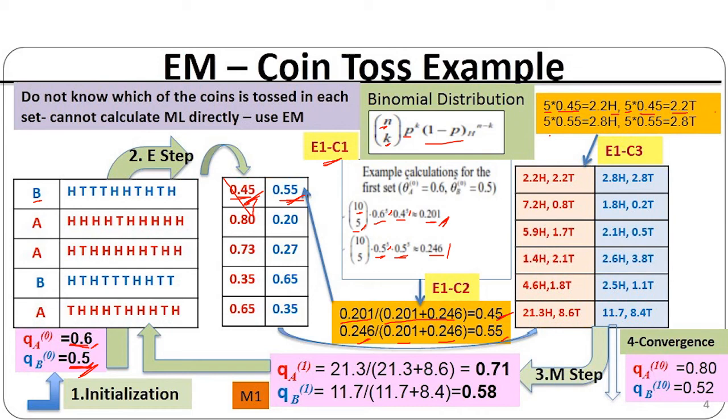If you multiply 5 times 0.55, for being a head, we get 2.8, and then 5 multiplied by the probability 0.55 gives 2.8. So 2.8 heads and 2.8 tails, 2.2 heads and 2.2 tails. Whatever values we calculated for the red and the blue, they are multiplied by the number of heads and tails.